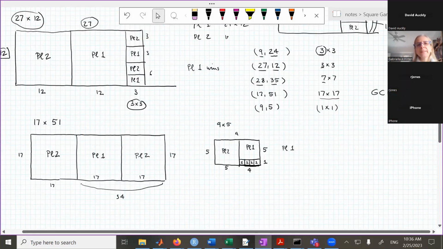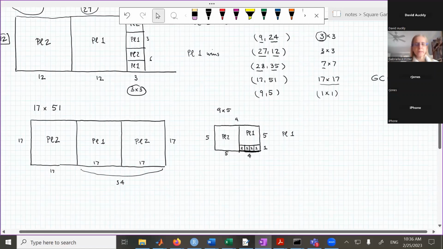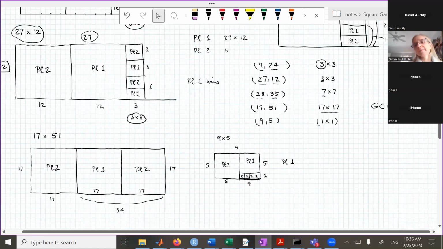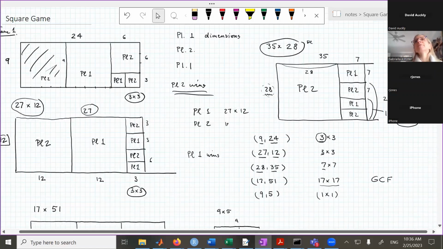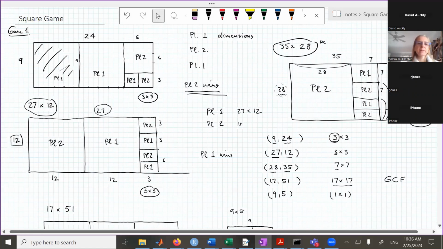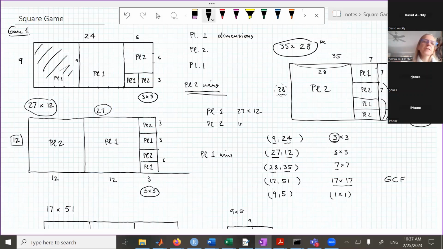So there could be many questions connected to this, but let me show you a variant of this game too. Sometimes it seemed that we were drawing many of the same size squares. In the very first game, player 2 drew a 9 by 9, and then player 1 also drew a 9 by 9.